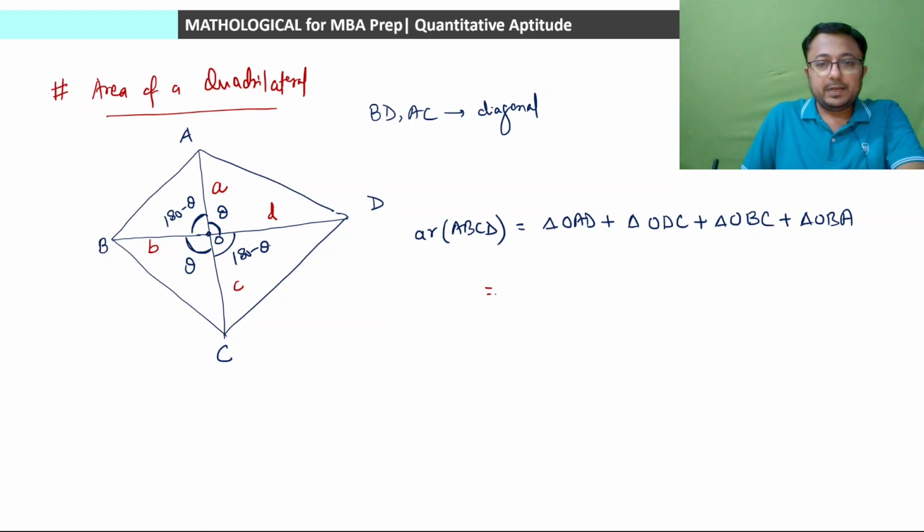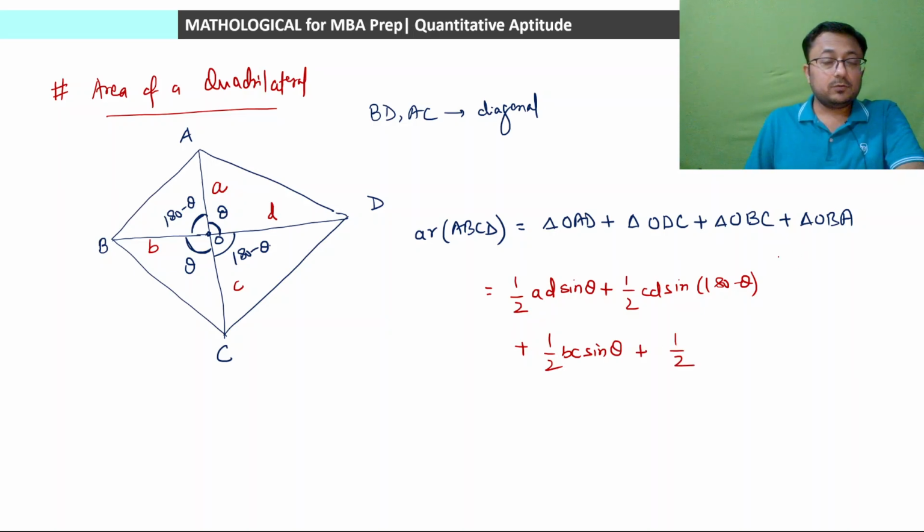So triangle OAD का एरिया हो जाएगा 1 by 2 into a into d sin theta, प्लस ट्राइंगल ODC का एरिया हो जाएगा 1 by 2 c d sin 180 minus theta, प्लस ट्राइंगल OBC का एरिया होगा 1 by 2 b into c sin theta, plus 1 by 2 for triangle OBA, 1 by 2 a b sin 180 minus theta.